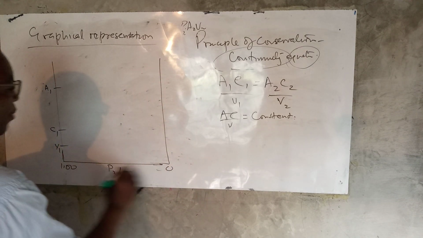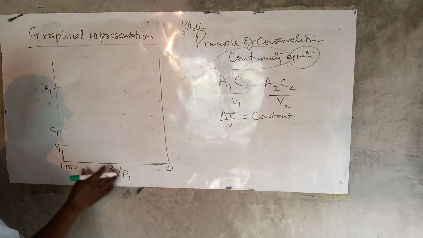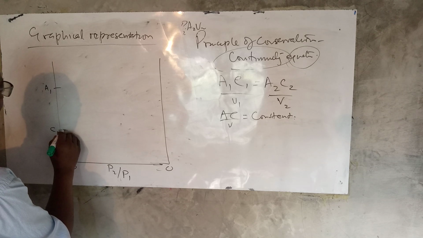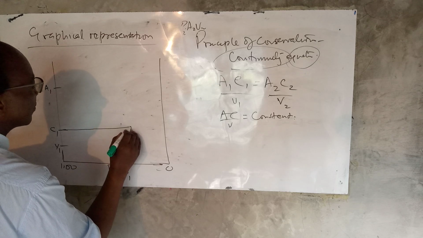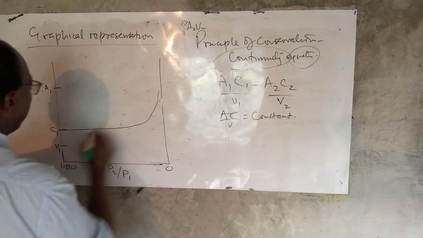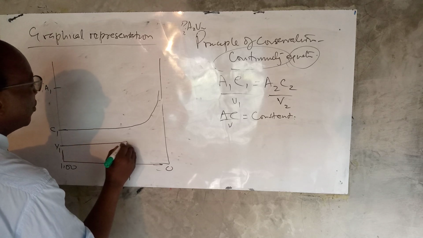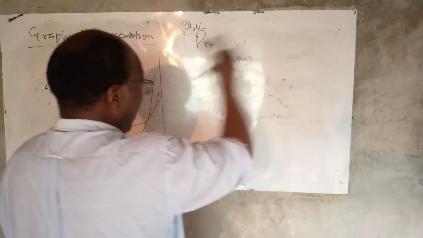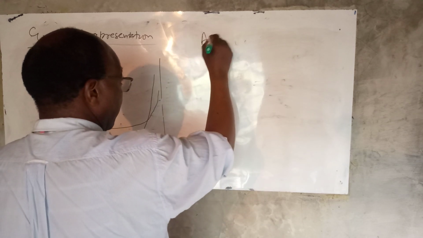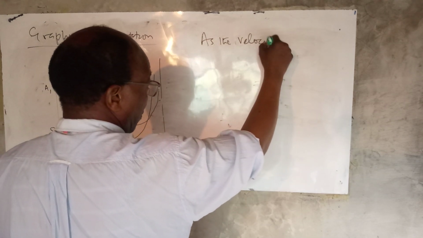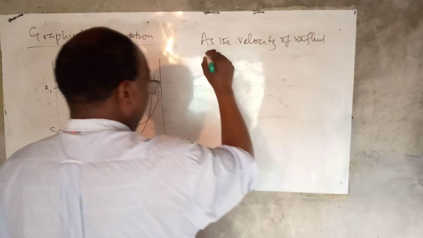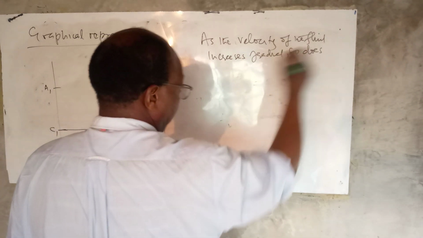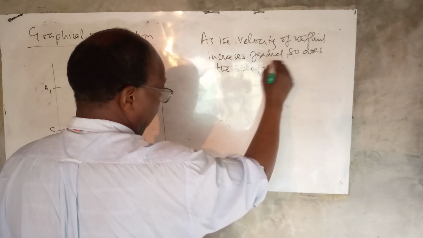So we are saying that in this particular profile, we are going to see that as the velocity increases gradually, there will also be a gradual increase in the specific volume.